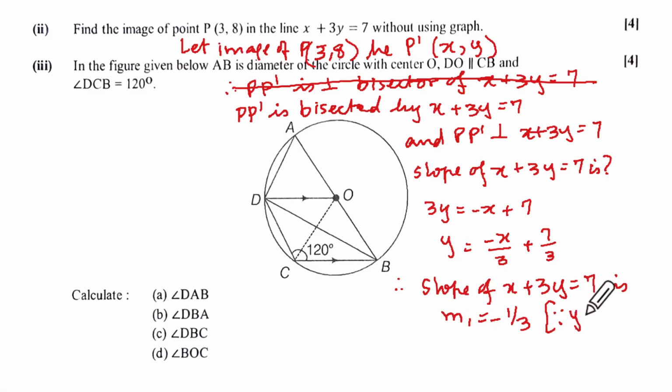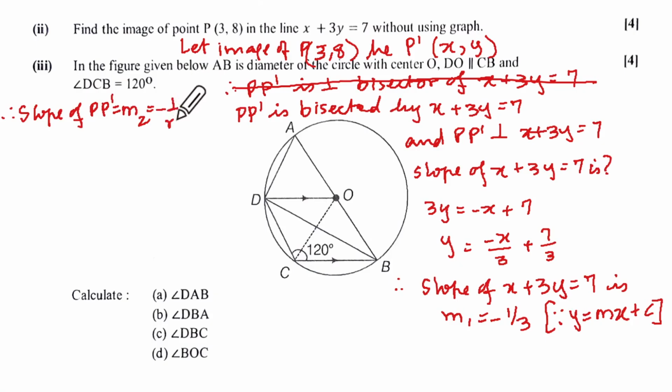Since y is equal to mx plus c, therefore slope of PP dash, m2, is minus 1 upon m1, since m1 m2 equal to minus 1 for perpendicular lines. So the slope of PP dash will be 3.